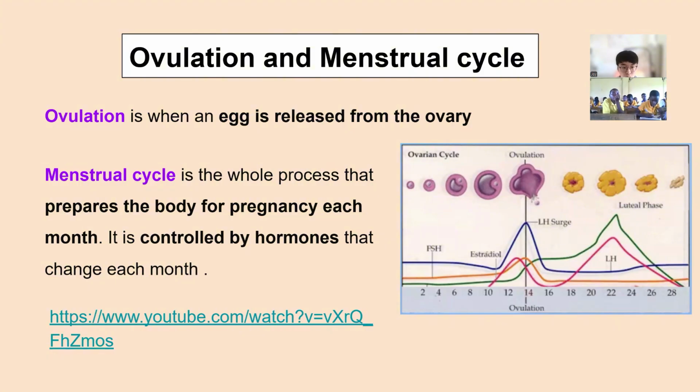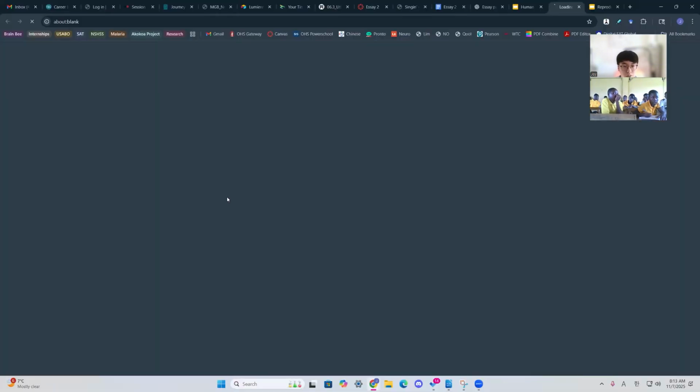And it is controlled by the hormone levels that change during each month. So let's look at this video, and this talks about how the menstrual cycle happens and what leads to that.